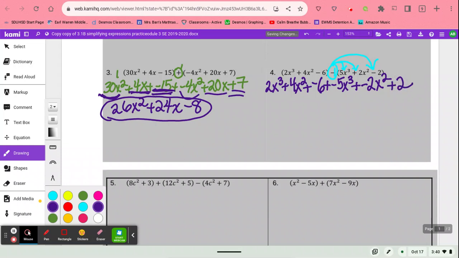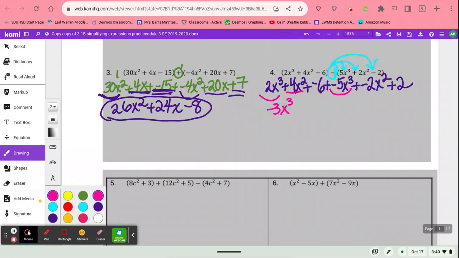Now I can go through and sort my like terms. X cubed is only like terms with x cubed. X cubed and x squared are not the same. So if I had 2x cubed and I took away 5x cubed, I'd have negative 3x cubed.